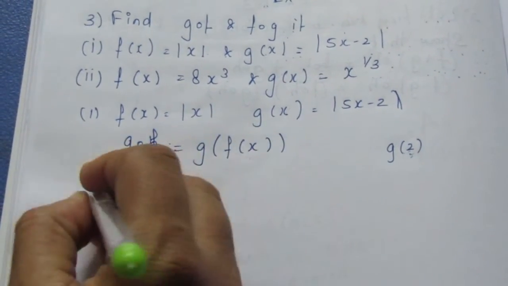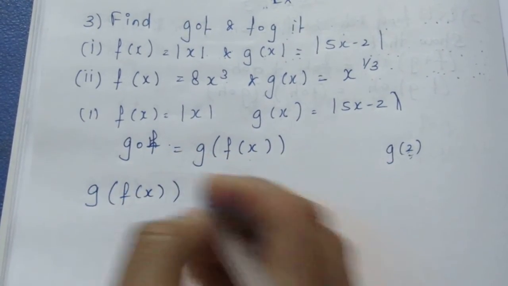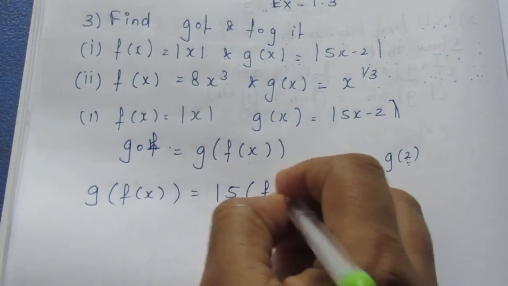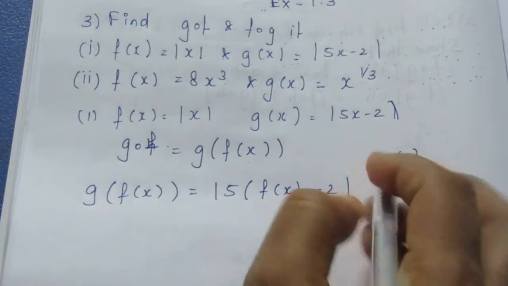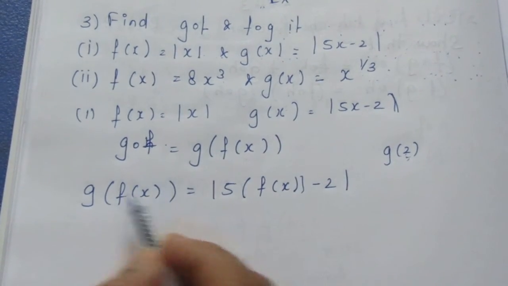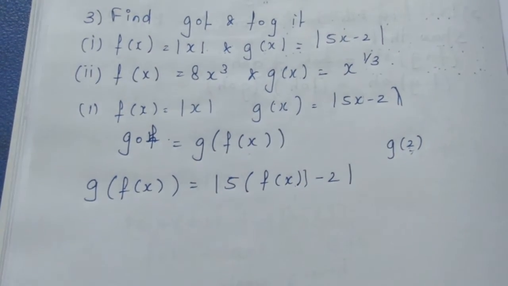So g of f of x is equal to mod 5 into f of x minus 2, because instead of x we have f of x.